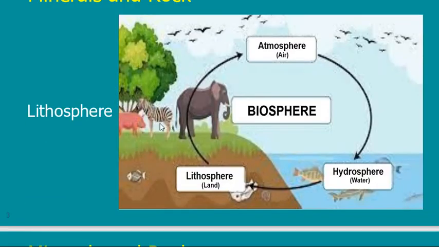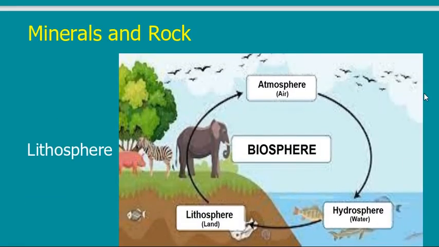A reminder, what is the relation between the lithosphere and everything? This figure is very, very good. This is the lithosphere, everything related to solids. It's the land. Hydrosphere, everything related to water. Atmosphere, everything related to air. Then we have biosphere. It takes from the three.